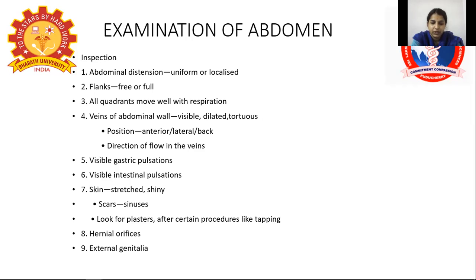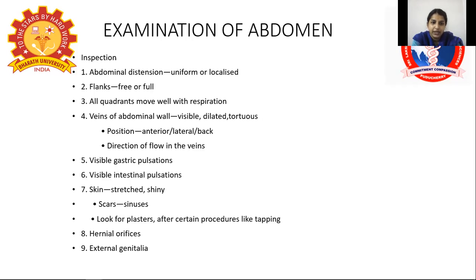And also we should take the family history, whether there is any family history of lactose intolerance or cystic fibrosis like illness. So all those things we should take into account, and what treatment was taken previously.